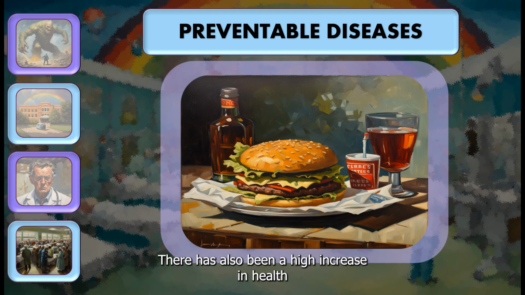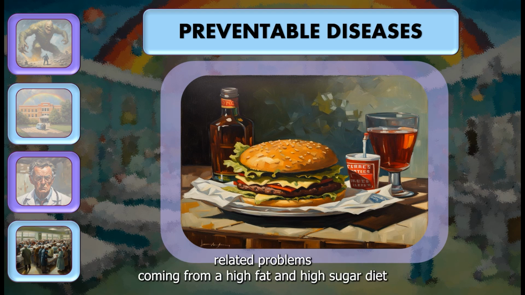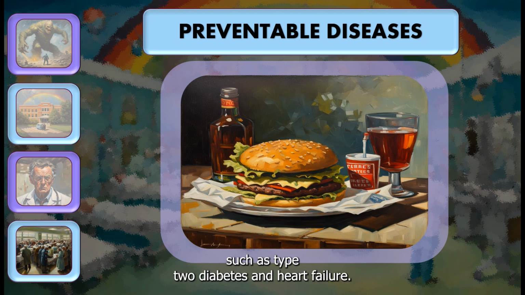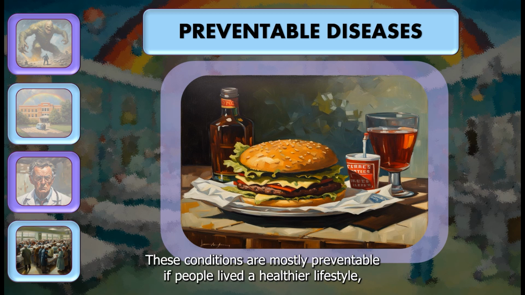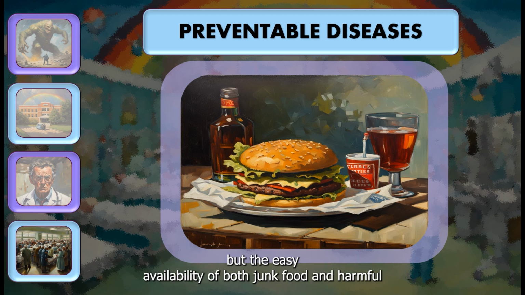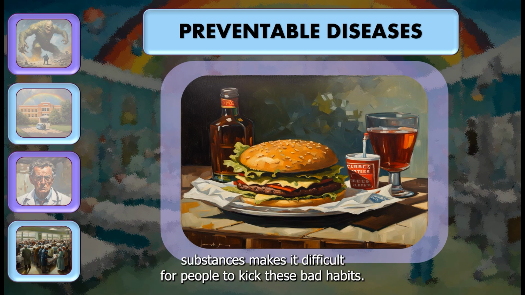There has also been a high increase in health-related problems coming from a high-fat and high-sugar diet, such as type 2 diabetes and heart failure. These conditions are mostly preventable if people lived a healthier lifestyle, but the easy availability of both junk food and harmful substances makes it difficult for people to kick these bad habits.